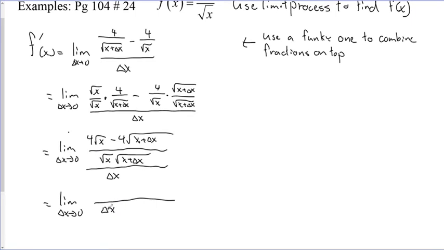And so I have delta x times square root of x times square root of x plus delta x. Now, here on the top, I have a 4 and a 4, and I'm going to factor out that 4 simply because it's going to make my next step a little bit easier. So I'm going to have square root of x plus delta x minus square root of x.